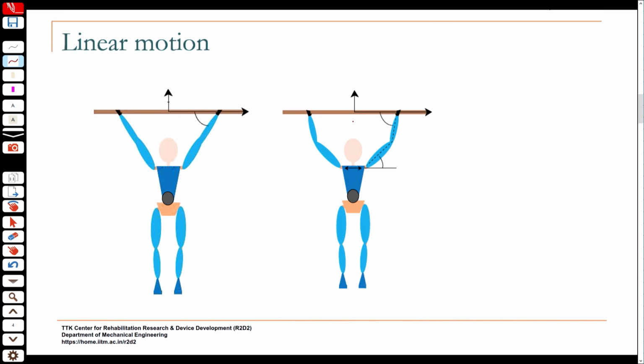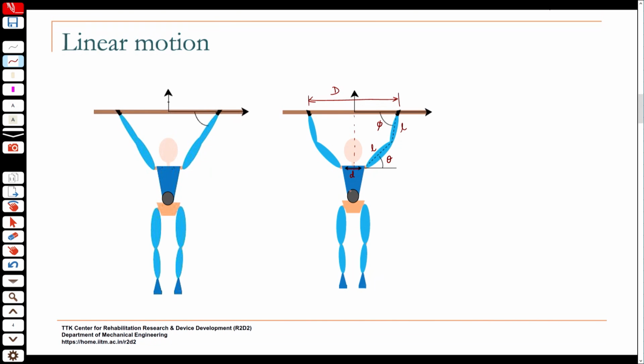So, a more sophisticated model would look at this: if this is angle theta and this is angle phi, and say the length of each arm, the forearm and the upper arm, is L. Say the distance between the shoulders is d, and the distance where I am holding the bar is capital D. Then I can look at how I am varying these angles, the rate at which I am varying these angles, to influence the motion as I am doing the pull up or the chin up.